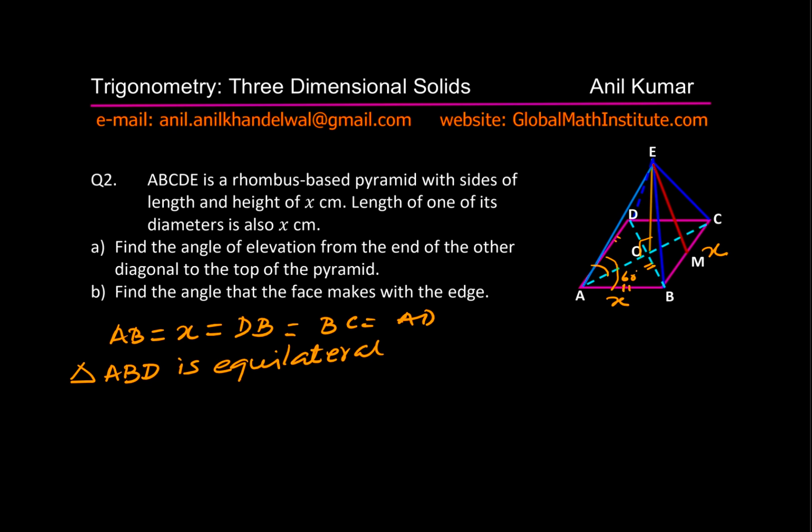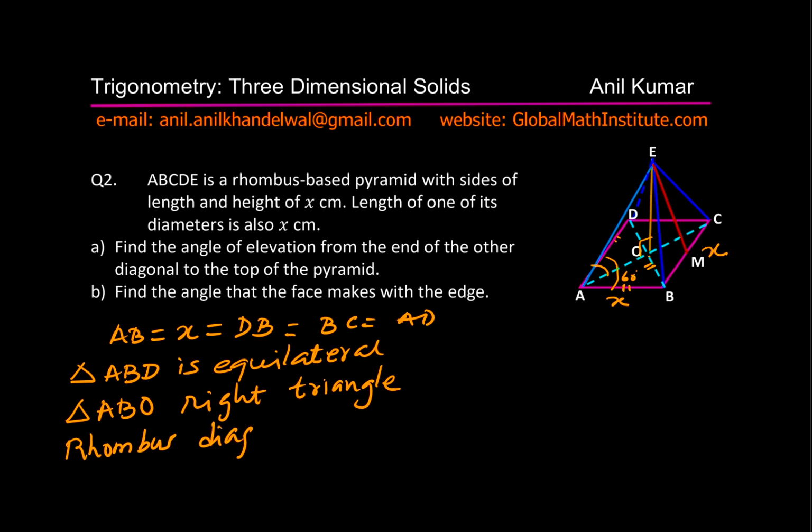Now let us look into triangle ABO. Triangle ABO is a right angle triangle, since the rhombus diagonals intersect at 90 degrees.